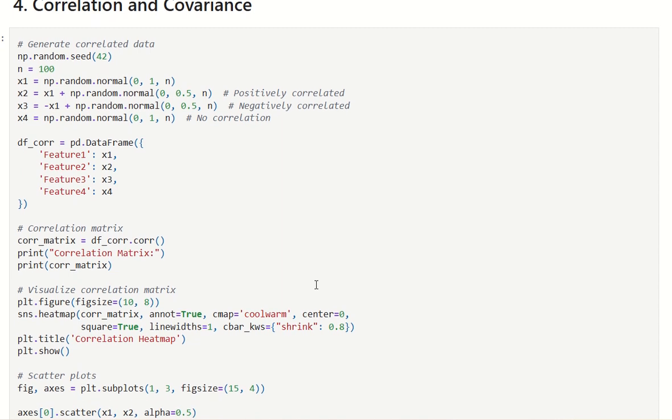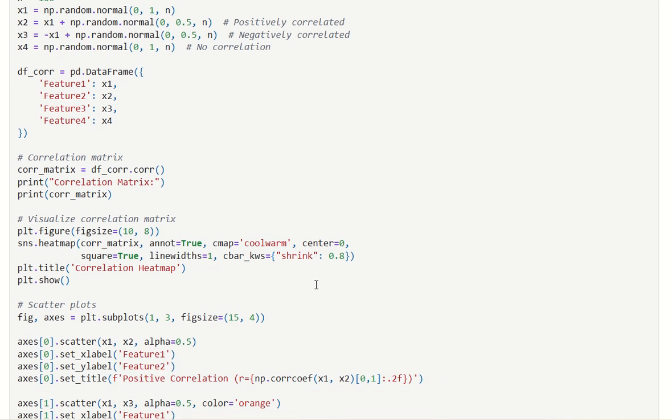I compute a correlation matrix and visualize it with a heat map to spot strong pairwise relationships and potential multicollinearity. For continuous variables, I use Pearson correlation. For ordinal or non-normal data, Spearman's rank correlation is more robust.